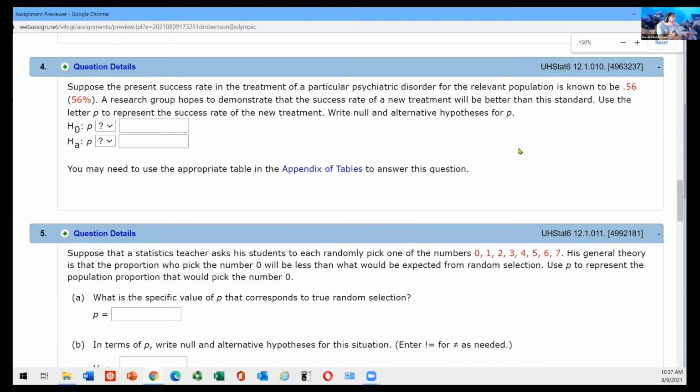A research group hopes to demonstrate that the success rate of a new psychological treatment, maybe it's new drugs, maybe it's a combination of all sorts of things, is better than the standard treatment. Now in the standard treatment, P is equal to 0.56. We wanted to find evidence that the new treatment is better than that. So better than that would be greater than 0.56.